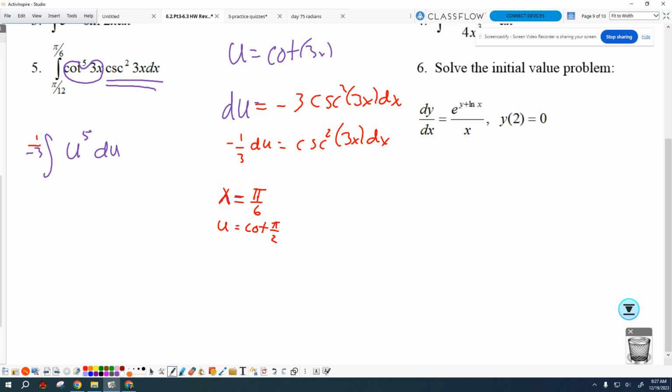Okay. Cotangent of pi over 2. It's x over y, so it's 0. When x is pi over 12, u is cotangent of pi over 4. Cotangent of pi over 4, 1.